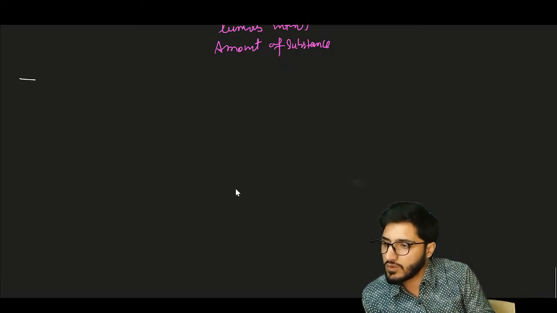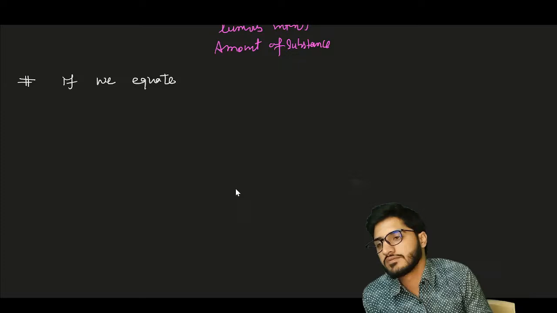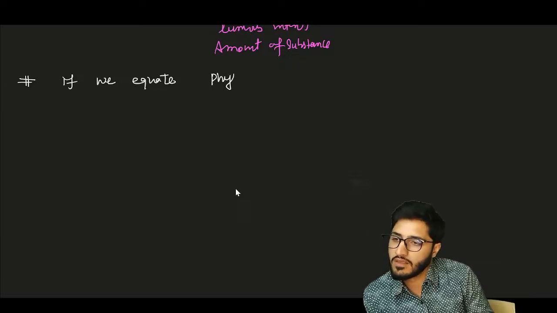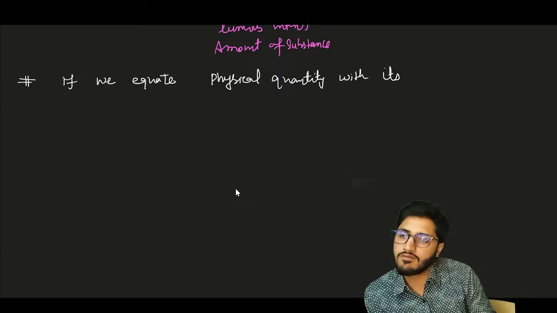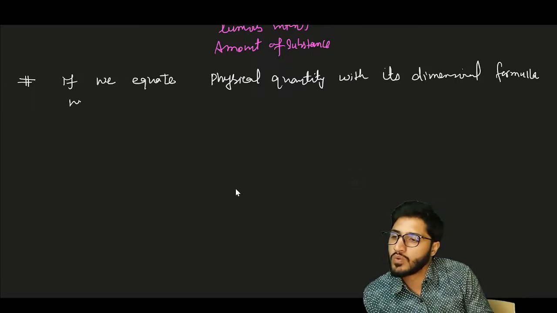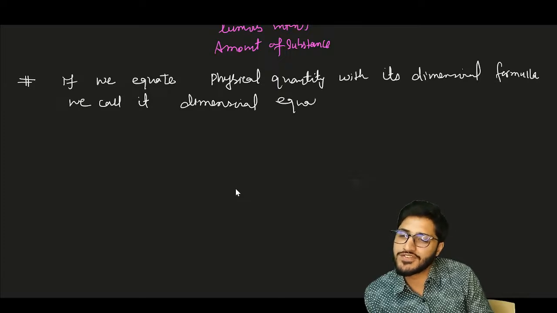If we equate a physical quantity with its dimensional formula, we call it a dimensional equation.